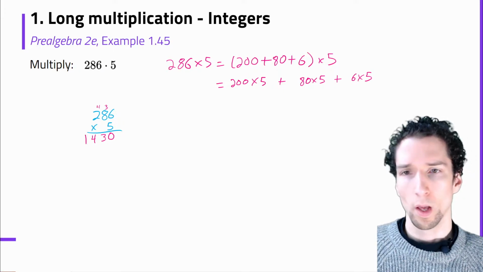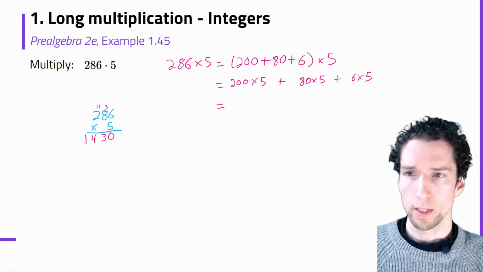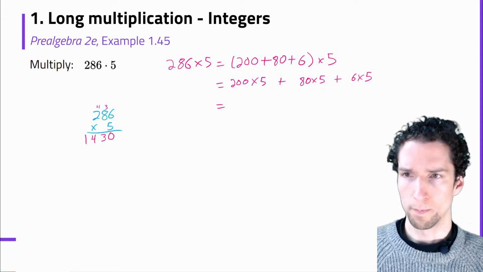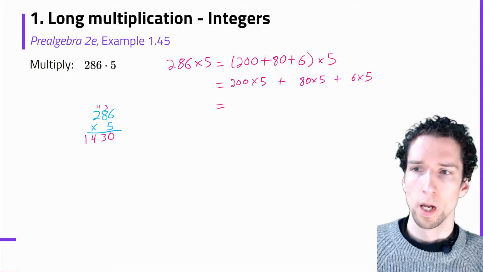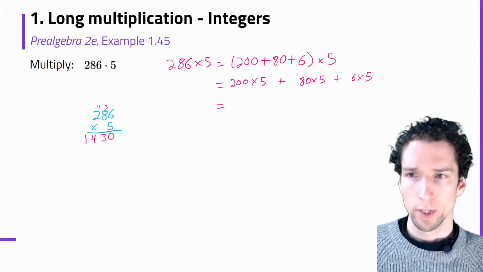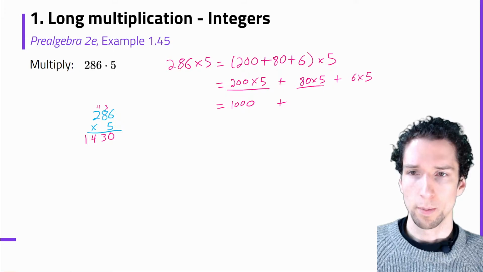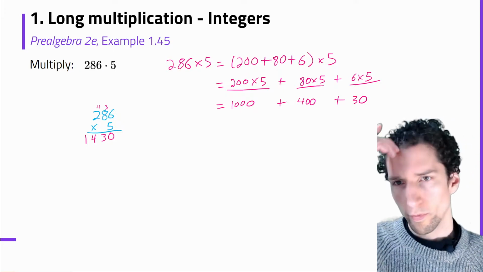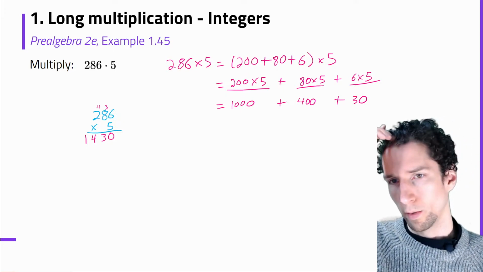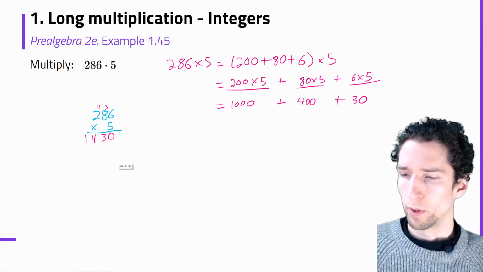1,430. And we can see that if we did this, 5 times 200 here would be 1,000, plus 5 times 80 would give us 400, and 5 times 6 is 30, and then we can very easily see if we added those together, we would get 1,430.